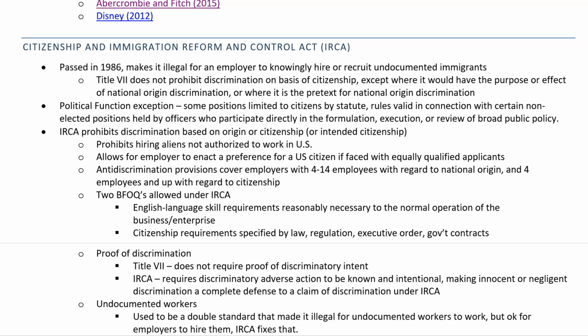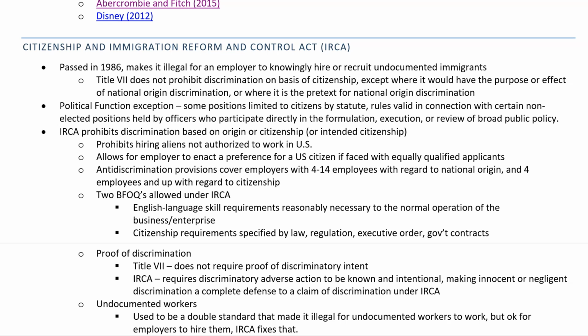So the IRCA prohibits discrimination based on national origin or citizenship or intended citizenship. It also prohibits hiring aliens not authorized to work in the United States. I'm not using the word alien as a derogatory term. It's just somebody who is from another country, not a U.S. citizen, not authorized to work in the United States.